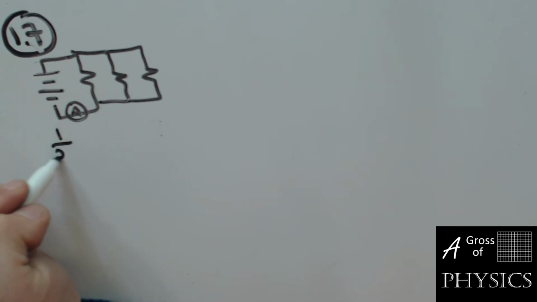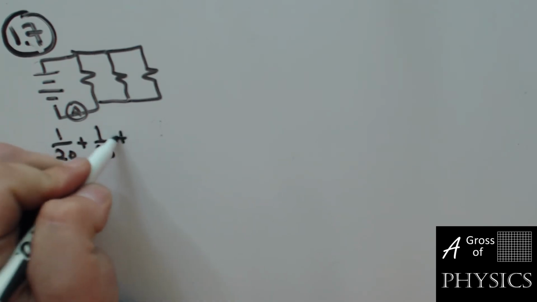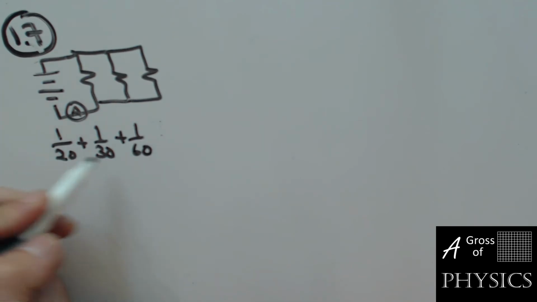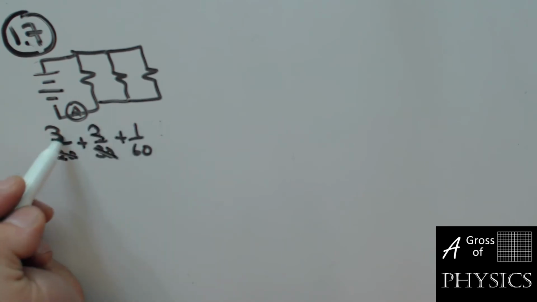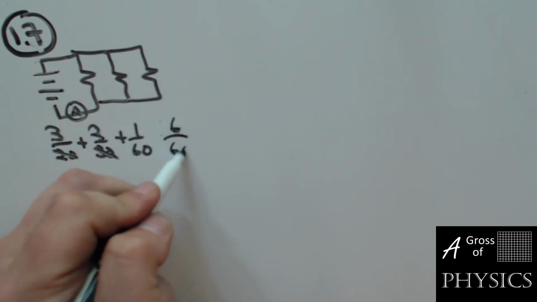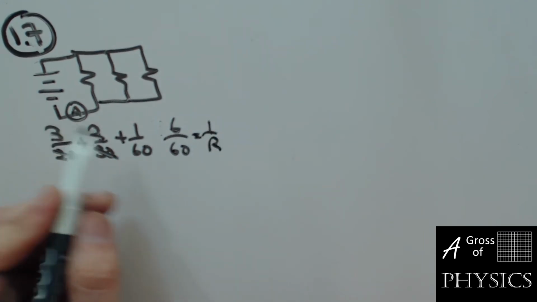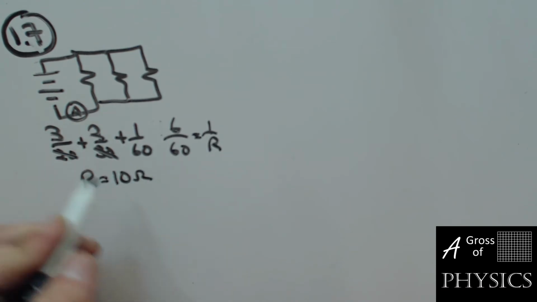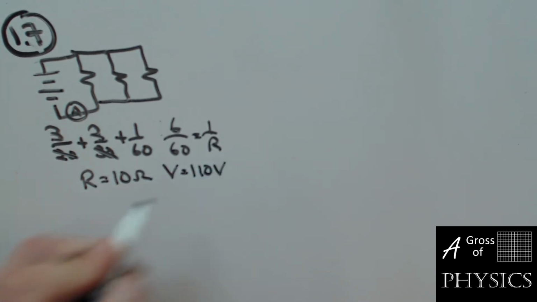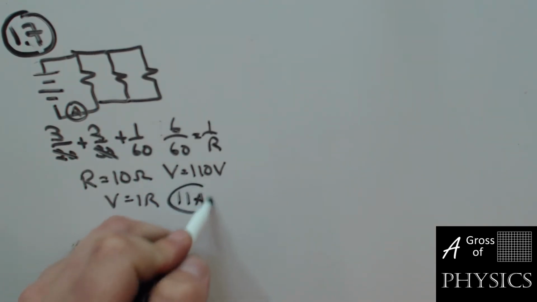So equivalent resistance: 1 over 20 plus 1 over 30 plus 1 over 60. 60 is the least common denominator, so we're going to make this 3, this 2, and 1. 3, 4, 5, 6 sixtieths equals 1 over R. So 60 over 6, which is 10 for the equivalent resistance, 10 ohms. Since the voltage is 110, we can do V equals IR. 110 divided by 10 is 11. And that's choice 4. So 11 amps, or choice 4.